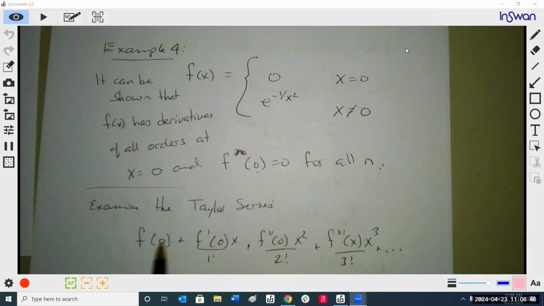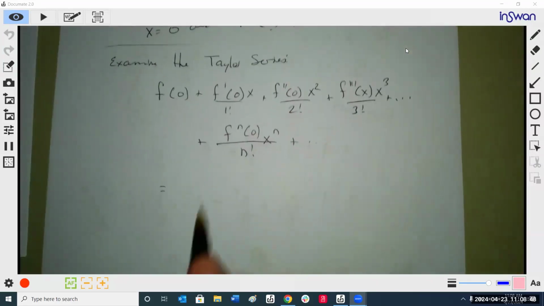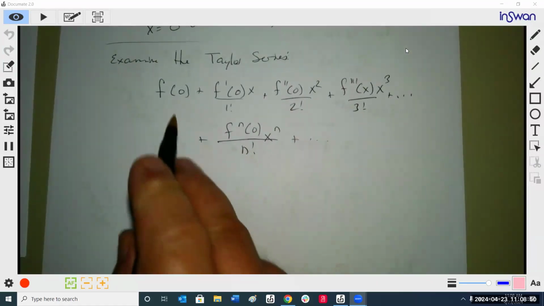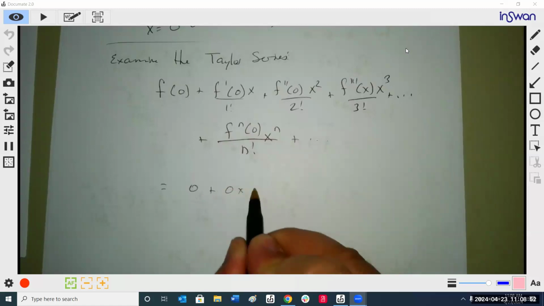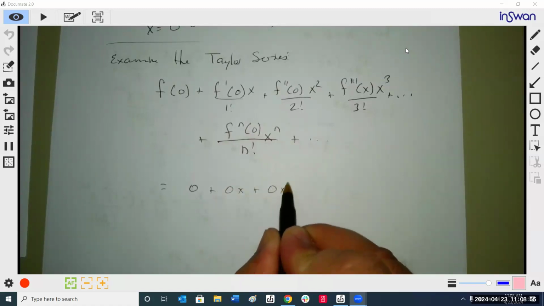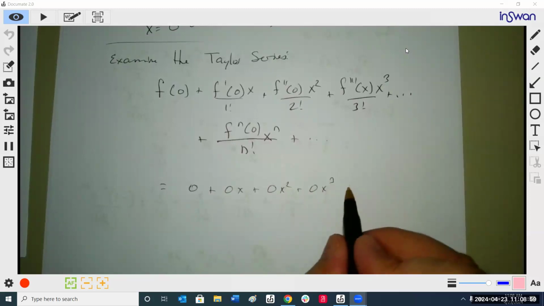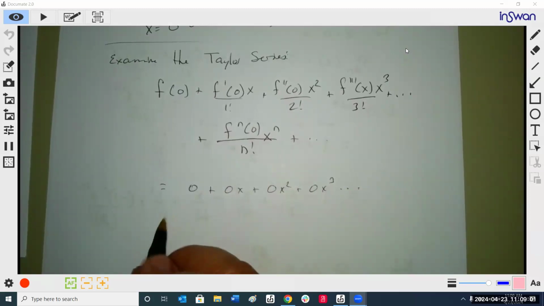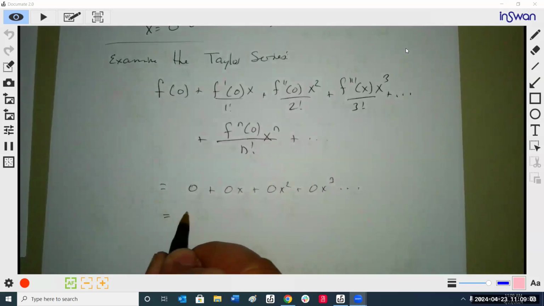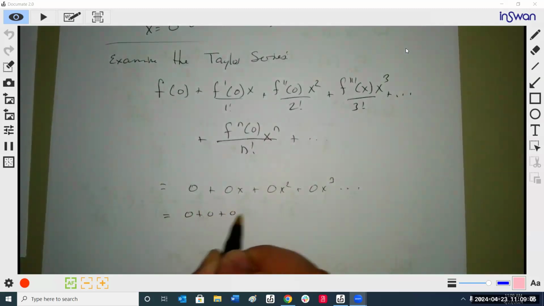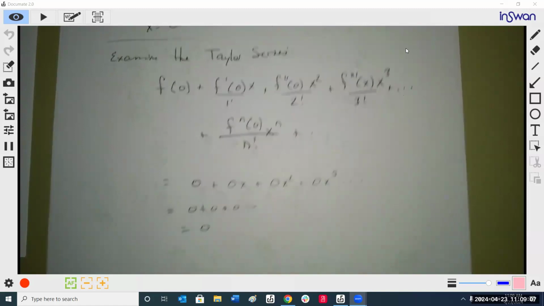So it says when x is 0, f is 0. So f of 0 is 0, 0 times x, 0 times x squared, 0 times x cubed. Zero plus 0 plus 0 equals 0.